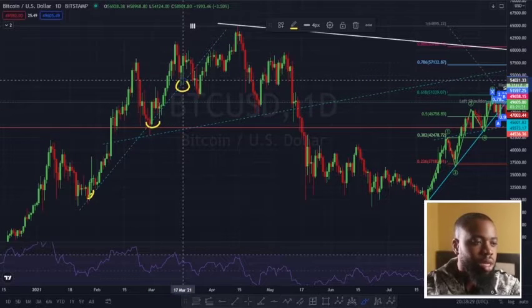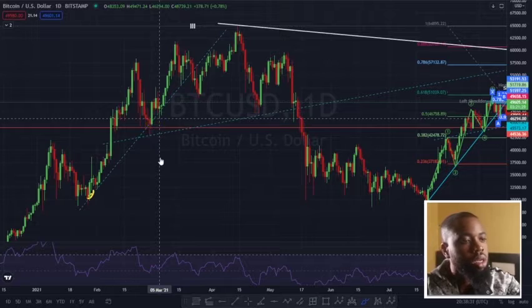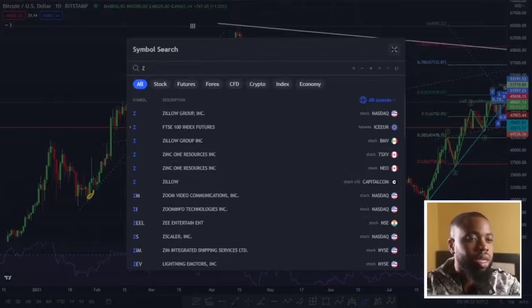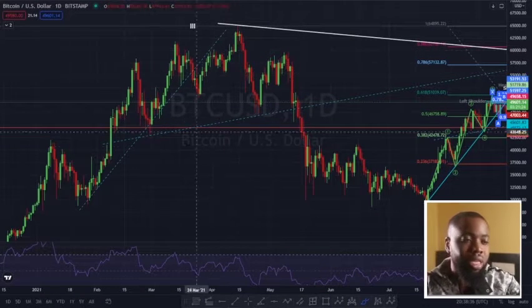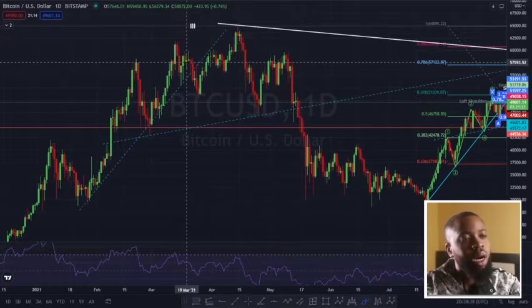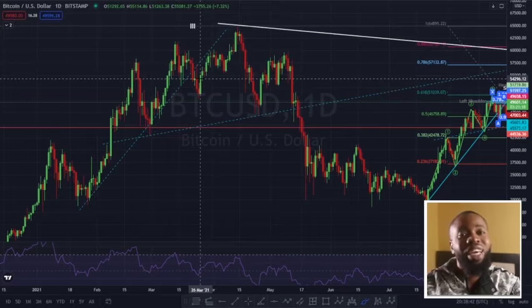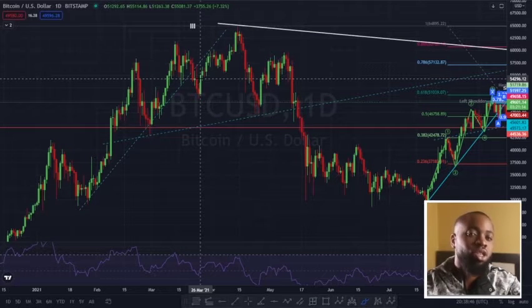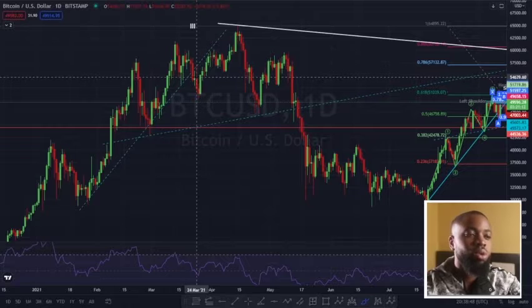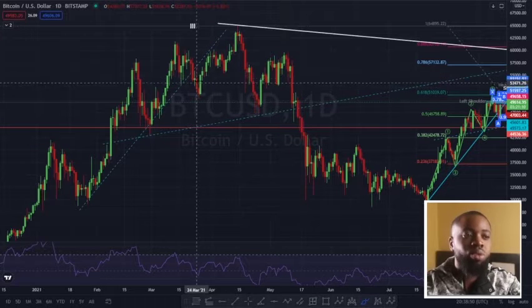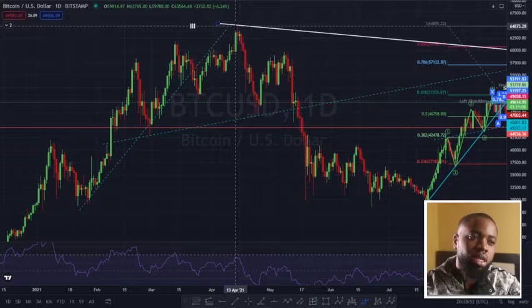Do not forget the wicks, guys. Very, very important. So that was 3 touch points. Now we broke down from this trend line, signaling to some sellers that they should go in for a short trade, right? This didn't play out like that. Instead, we rode up this trend line to form a pattern, which I'm going to show you guys right now.